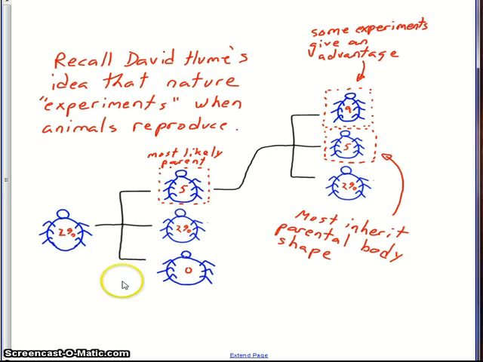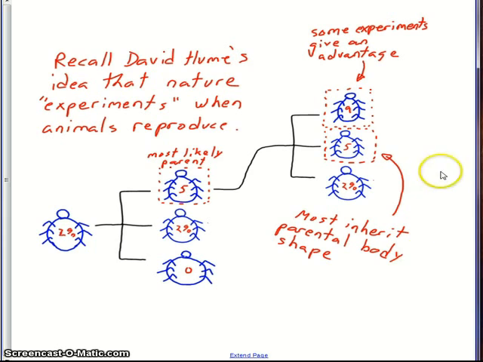The parents don't have any say in the matter, but the nature of reproduction generates variation, and we can think of that as metaphorically like nature is experimenting with different animal designs. Some of those experiments yield an advantage in a particular environment. Other experiments are less advantageous.